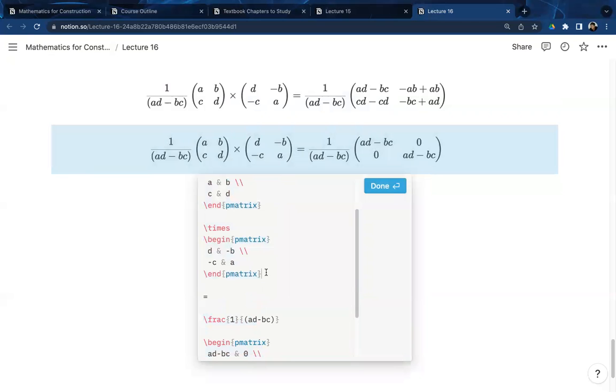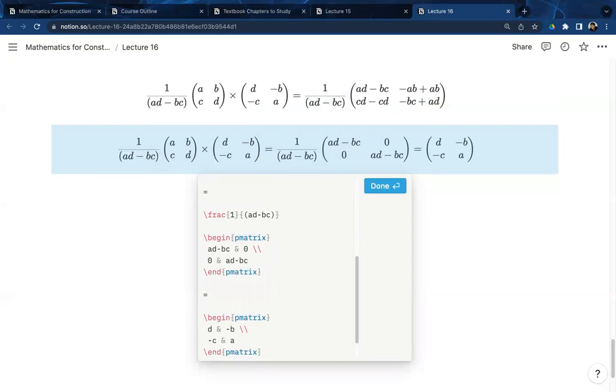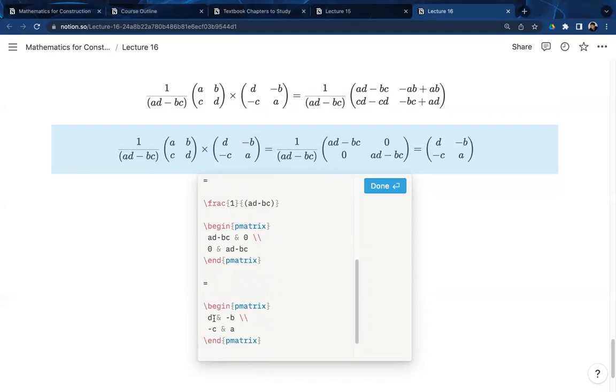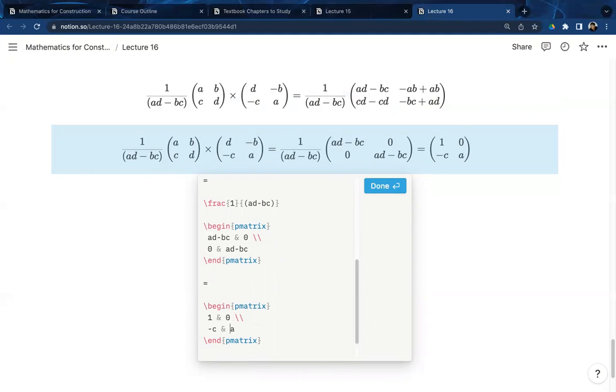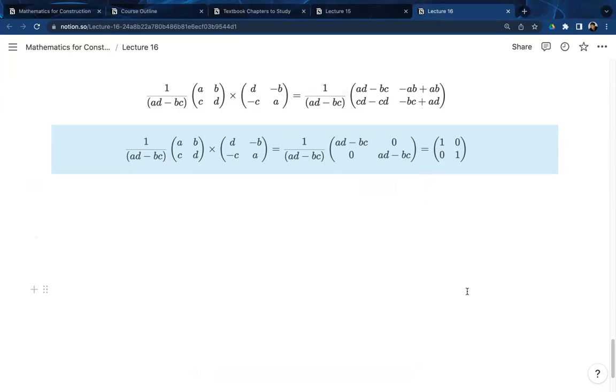So essentially, what do we get? This is 1, this is 0, this is 1, this is 0. When you multiply a matrix by its inverse, you get the identity matrix.